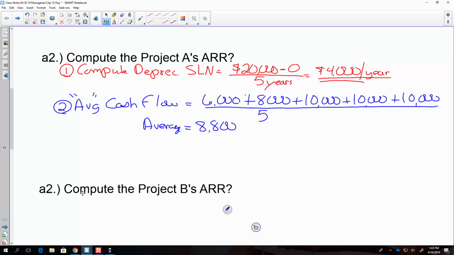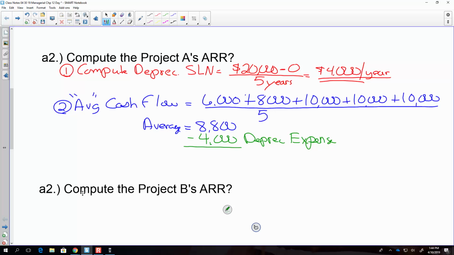But remember, with the accounting rate of return, we've got to convert this cash flow to a net income profit number. So I'm going to subtract the $4,000 of depreciation expense. This is the only model that uses depreciation expense, the accounting rate of return.